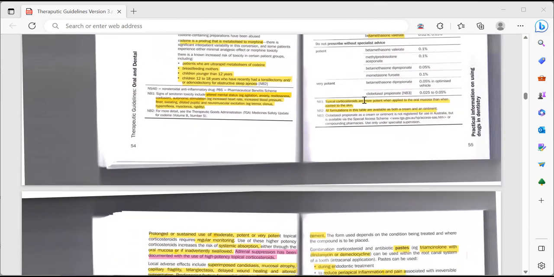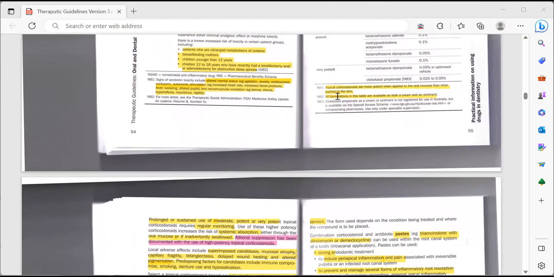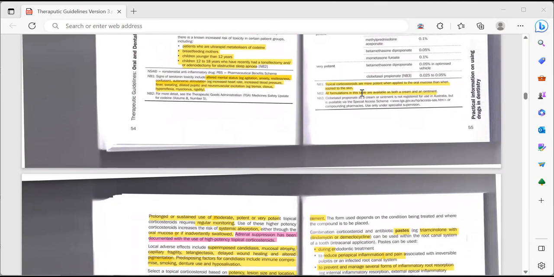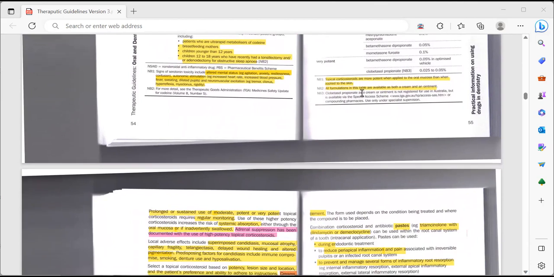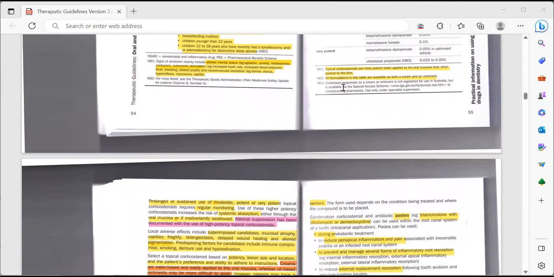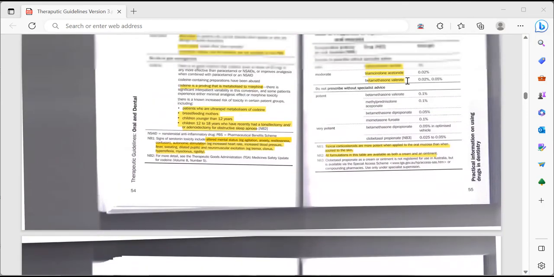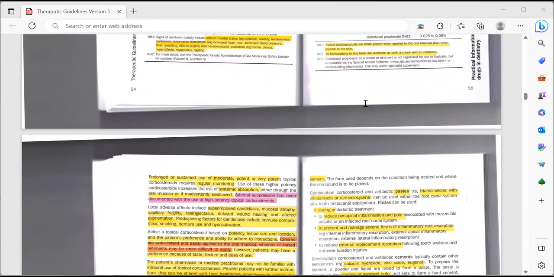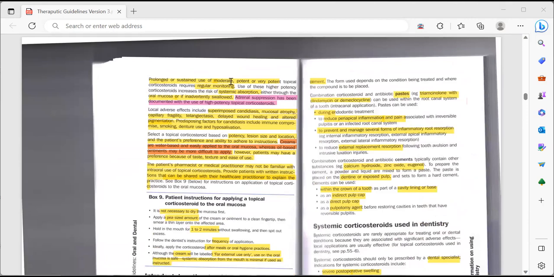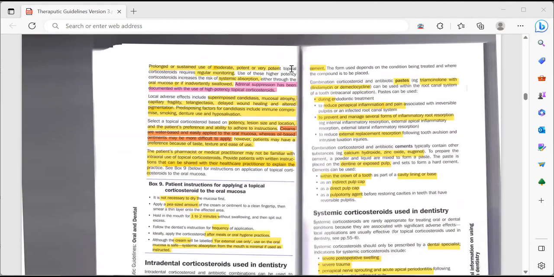Then topical corticosteroids are more potent when applied to the oral mucosa than when applied to the skin, because in the oral mucosa, you all know, there is much absorption, so that's the reason it would have a better effect. All formulations in this table are available as both cream and ointment. Prolonged or sustained use of moderate, potent, or very potent topical corticosteroid requires regular monitoring, and use of these higher potency corticosteroids increases the risk of systemic absorption.